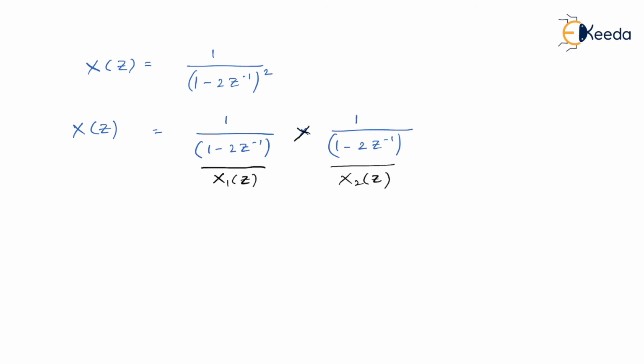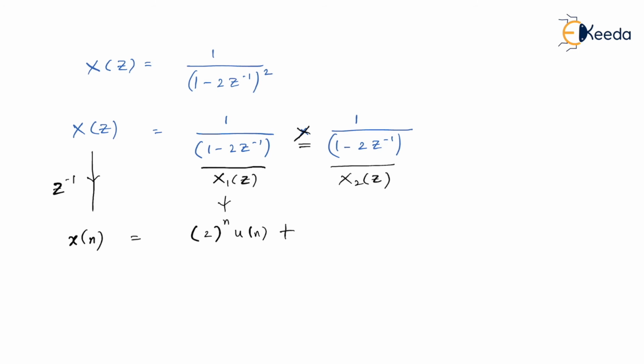Tell me, multiplication in the frequency domain is convolution in the time domain. Then here I get x of n after z inverse. So I'm taking z inverse on both sides. We know this is a standard expression: 1 upon 1 minus 2 z inverse is 2 to the power n u of n.